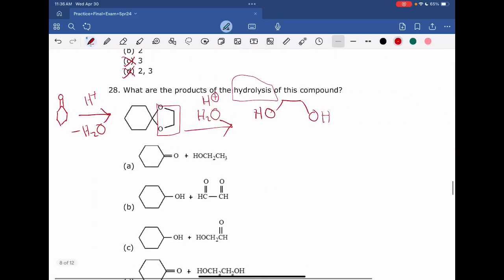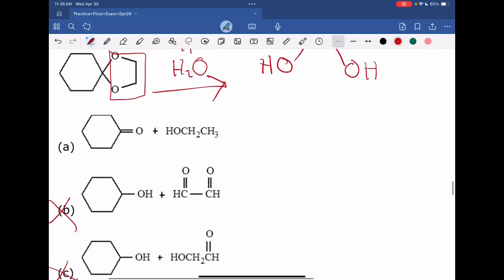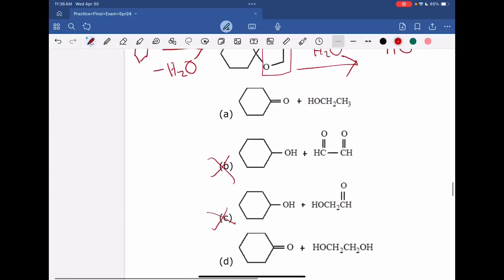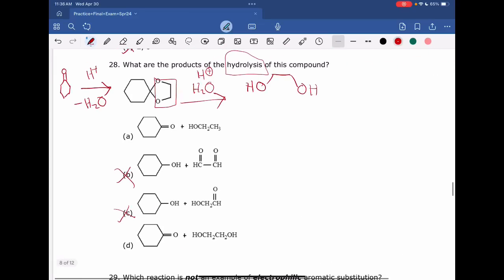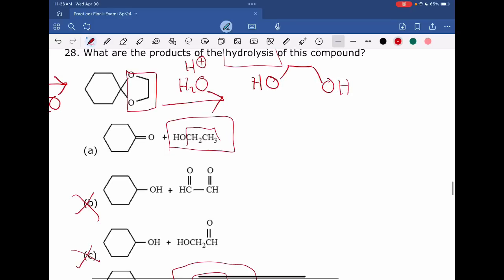And that looks to me like it's definitely not B or C because you needed a ketone. You can't protect an alcohol like this. The only difference lies in these two things. They have ethylene glycol here, and they have just ethanol in here.